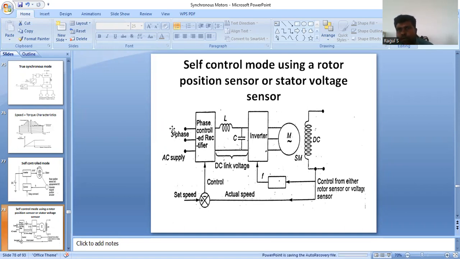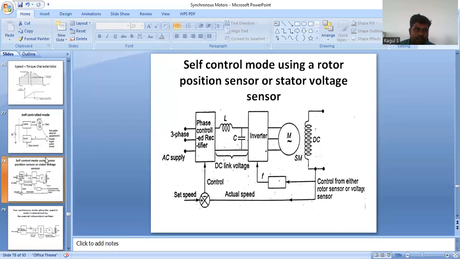The DC input already varies based upon the rotor position, and like that the frequency command varies for the inverter. Based upon these two, we can generate variable voltage and variable frequency output. That inverter output is fed to the synchronous motor. This is also one mode of self-controlled operation using a synchronous motor.